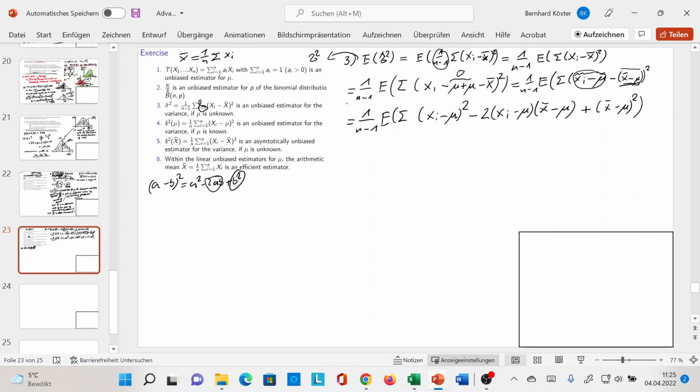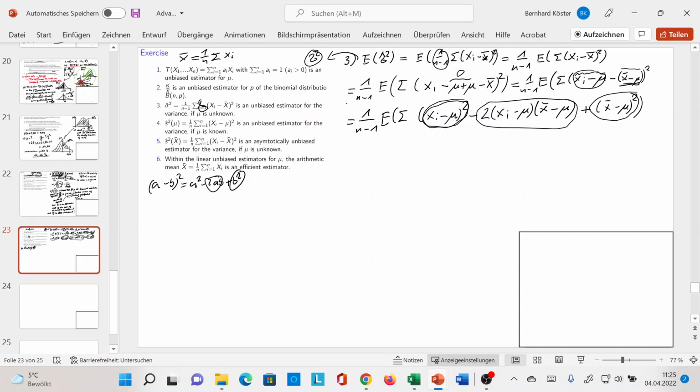So, and now we have 3 parts in this formula. And this part here is already more or less our true parameter sigma.